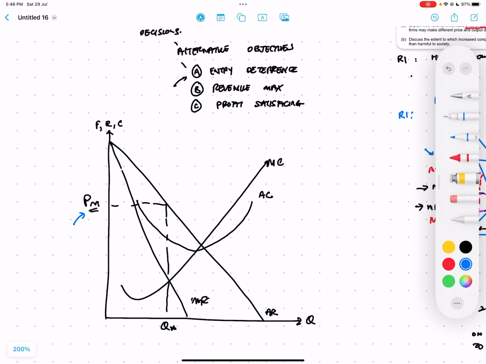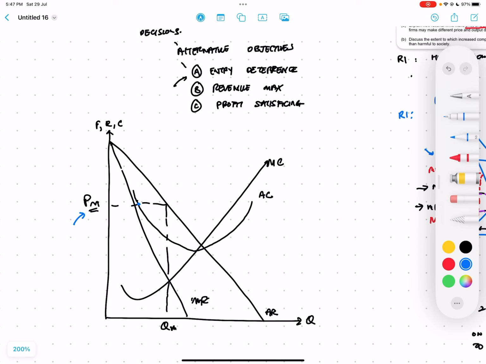PM, some firm could be producing at this output. So at this price, some firm could be making normal profits by also charging this price, right?